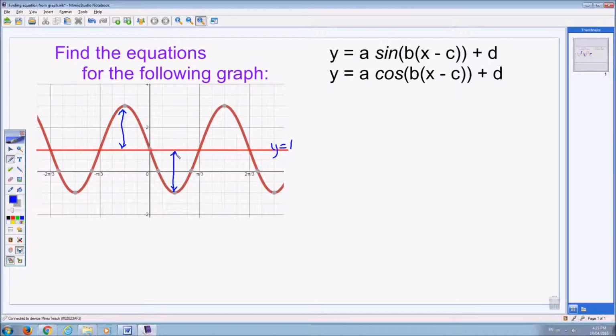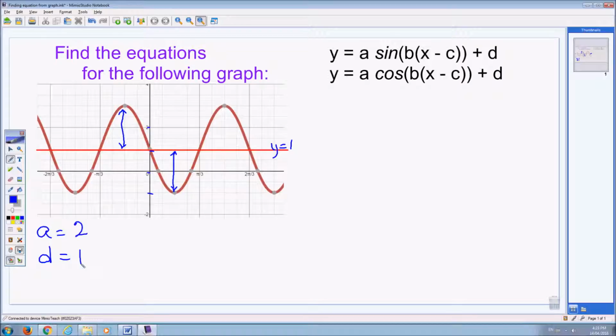The maximum to sinusoidal axis is 2 points. Sinusoidal axis to minimum, again 2 points. So yes, we have drawn this in the correct location. So now we've got our A, which equals 2, an amplitude of 2, and our D at 1, because our sinusoidal axis is at y equals 1.